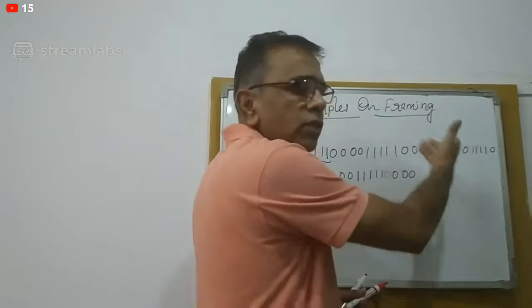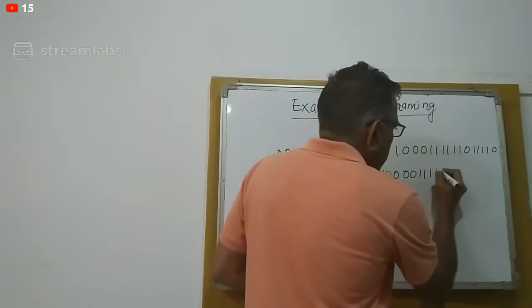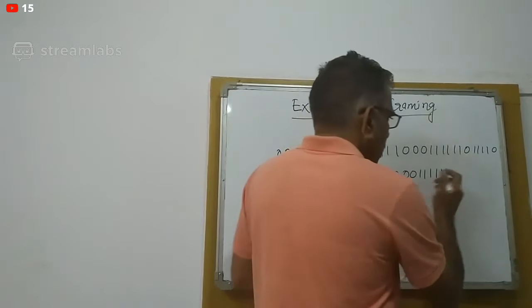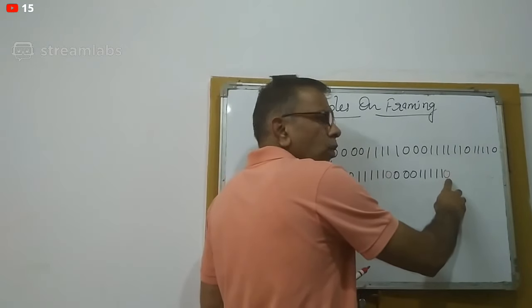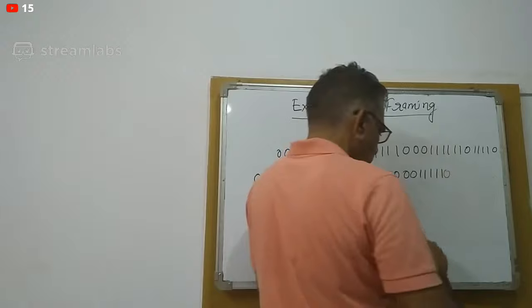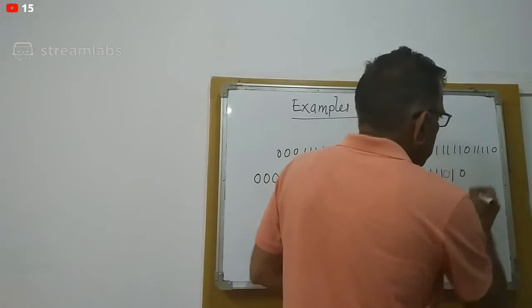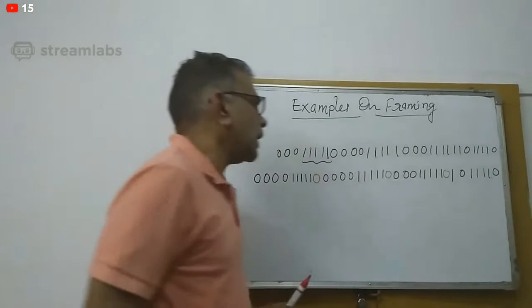So how exactly will this be stuffed? According to the rule, you need to stuff a 0 after 5 ones. So 0 followed by 5 ones will be stuffed with 0, and then the next bit is 1, and the rest is as it is, because at the end we have 4 ones and 0.